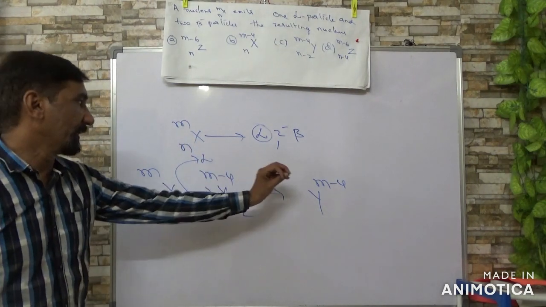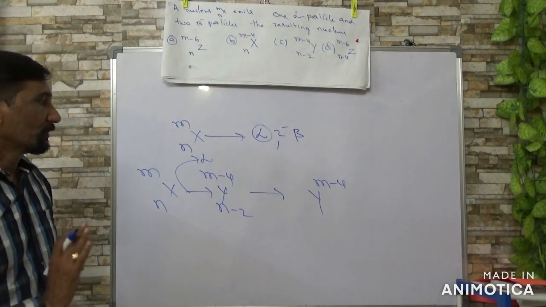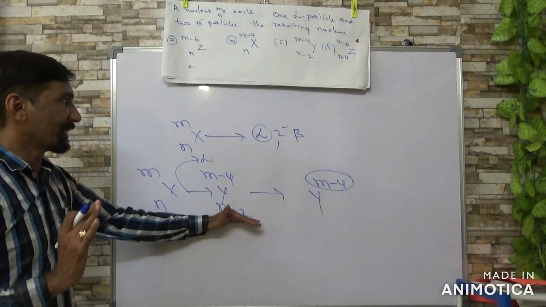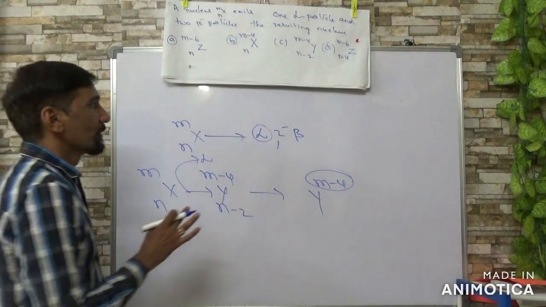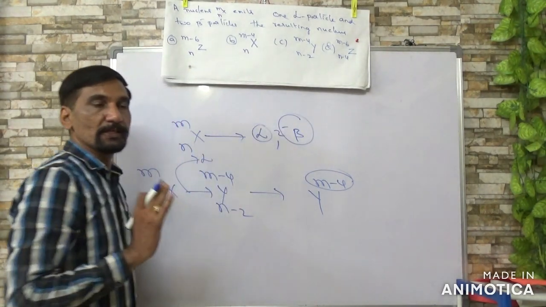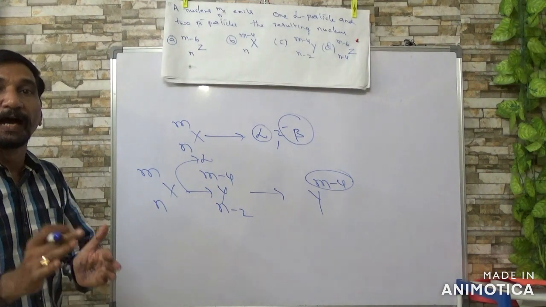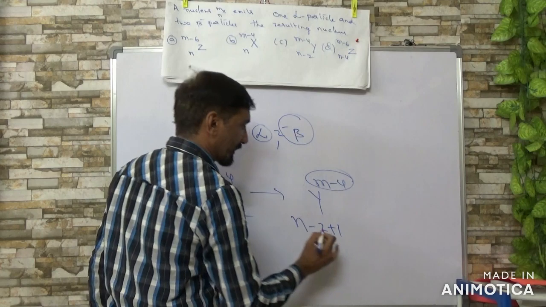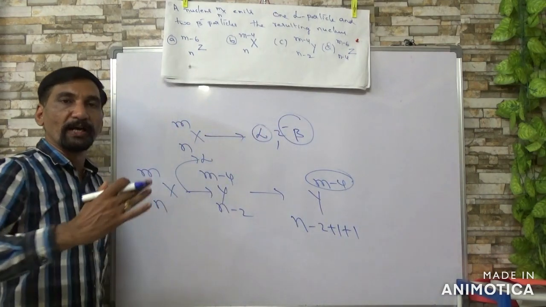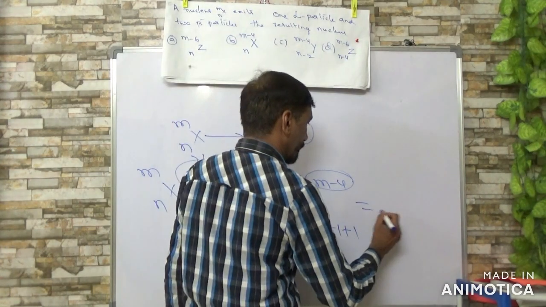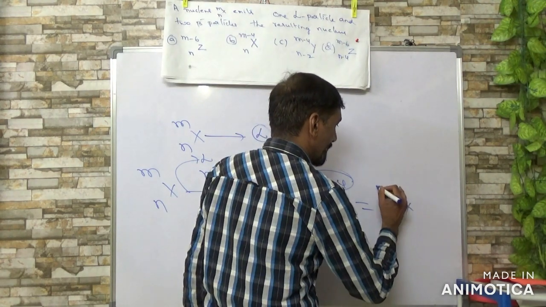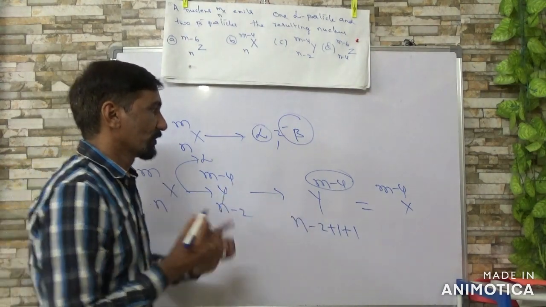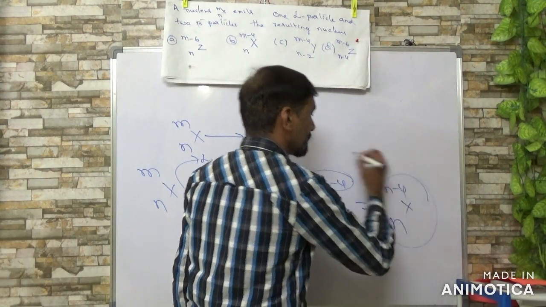Whenever a beta decay takes place, mass wise no change, only number wise one is added or subtracted, but this is negative beta decay, so number wise one is added. For 2 negative beta decays, 2 times 1 is added. So you get some other element, but mass wise m minus 4 only, number wise cancelled, n left.